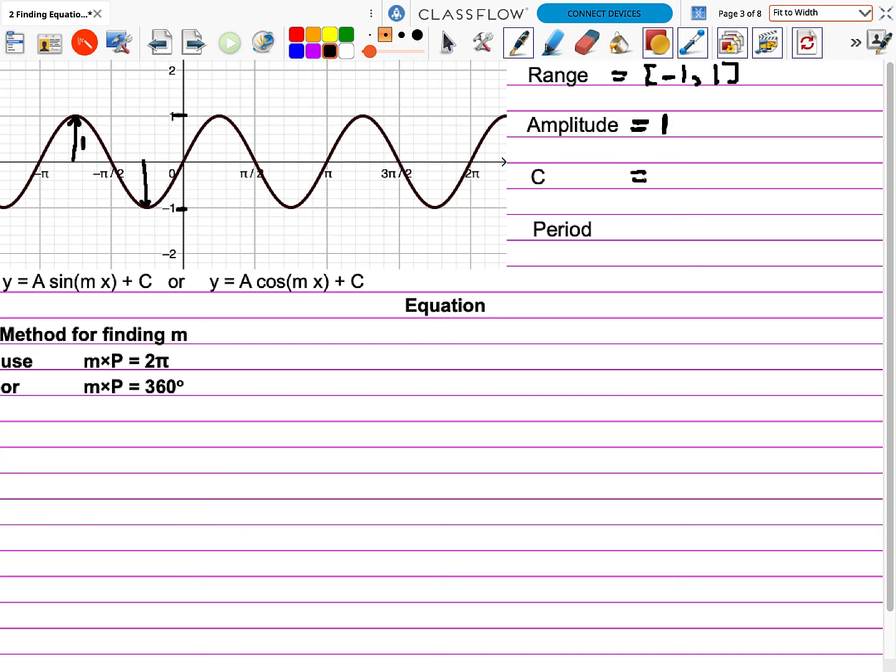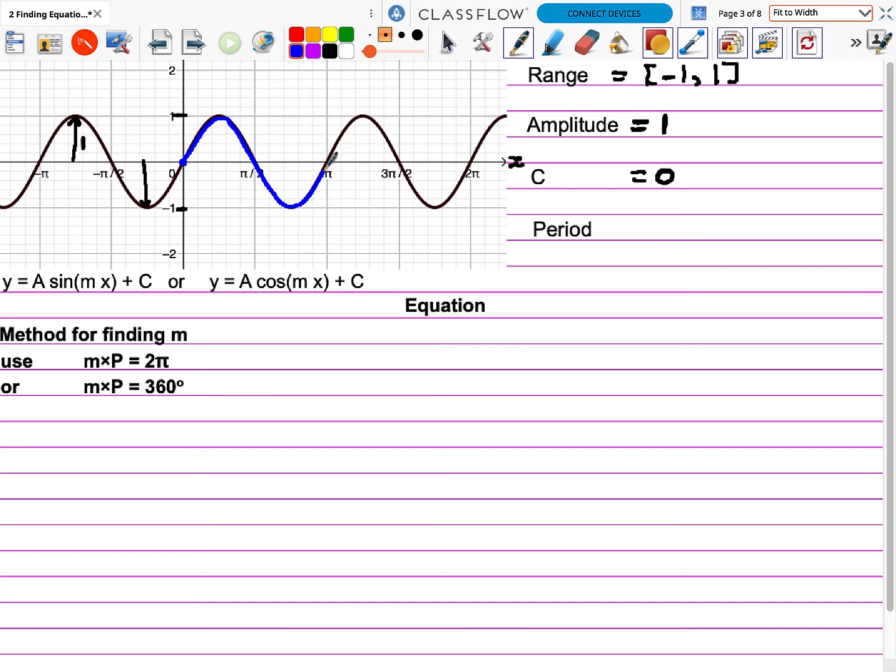C is the displacement of the middle line from the x-axis, but the middle line is the x-axis, so there is no displacement, so the value of c is equal to 0. We now need to work out the period. So we start on the middle line, on the y-axis, and we draw a curve until it begins to repeat.